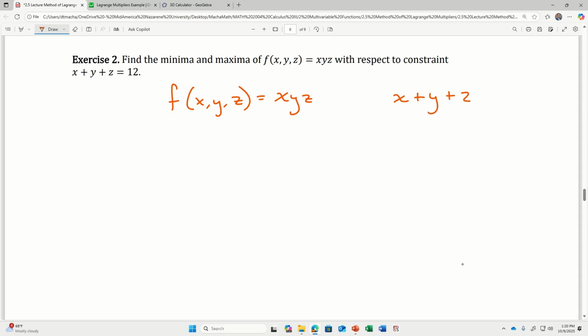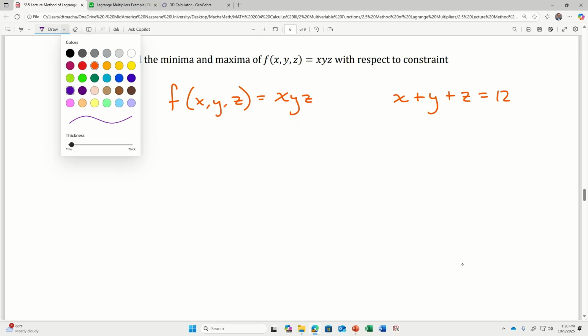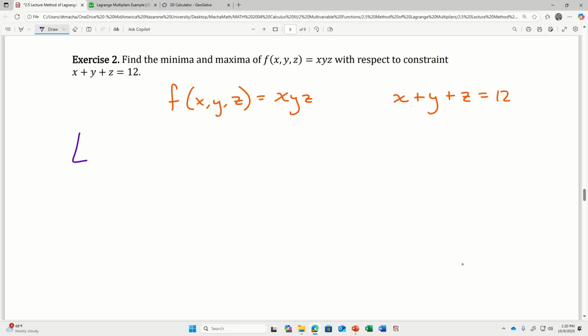For every point along this plane, which point belonging to the plane has the maximum or minimum value of this scalar field? So we define the Lagrange function to be f plus lambda g. G is going to be x plus y plus z minus 12, because we want that to be equal to 0.